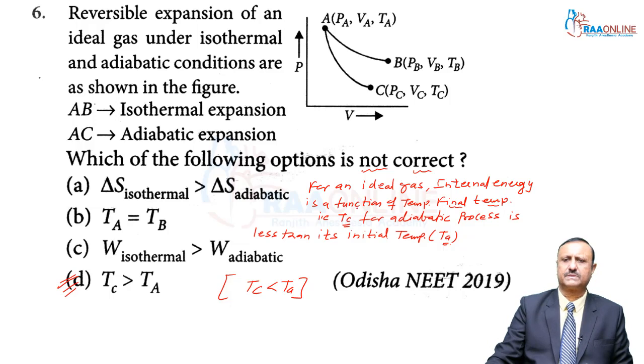So final temperature is Tc, and for the adiabatic process Tc is always less than the temperature Ta. So Tc is the final temperature, always less than the initial temperature. Here you can see the answer, your D option is the correct answer.